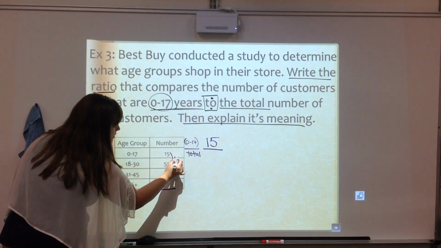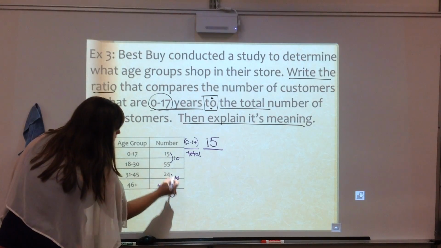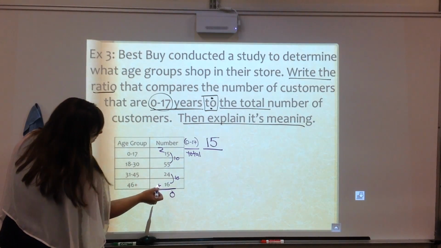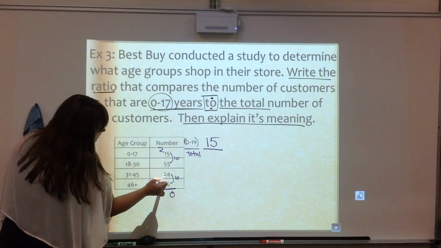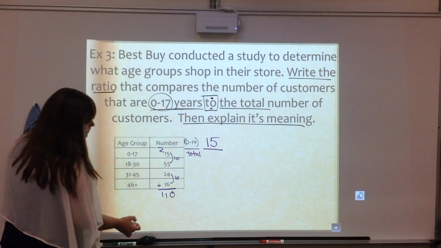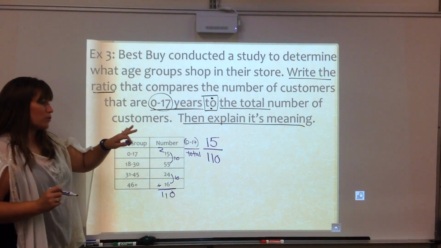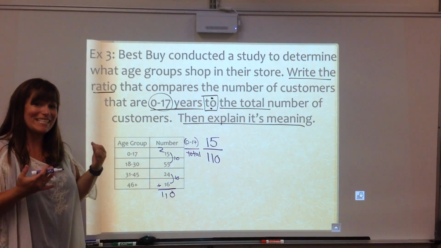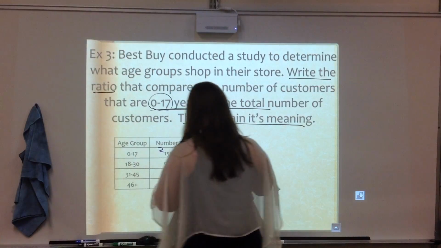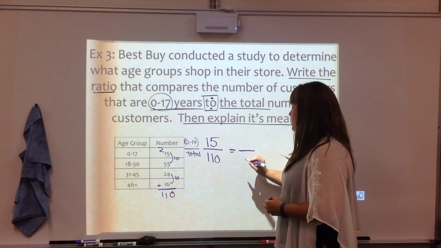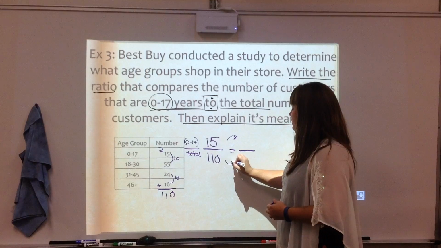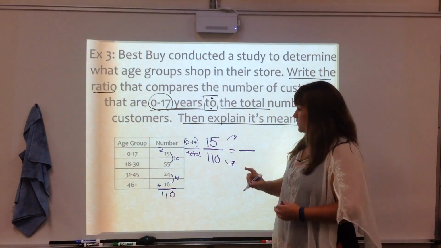So we have 10 and 10, so that's a nice 20. And then we have 3 and 5 is 10, and then 11. So we have a total of 110. So 15 over 110 is not in simplest form. So we're going to have to find an equivalent fraction by dividing to get this a little bit smaller.